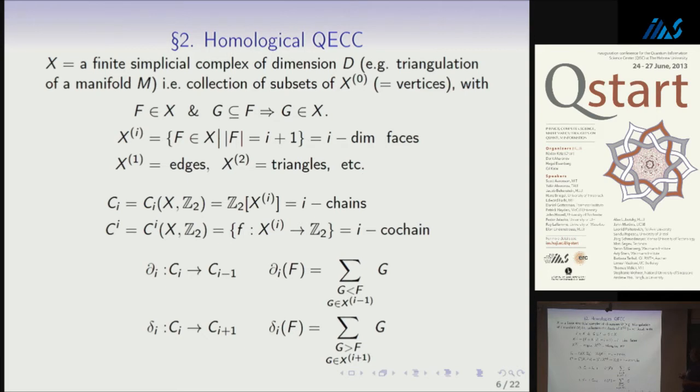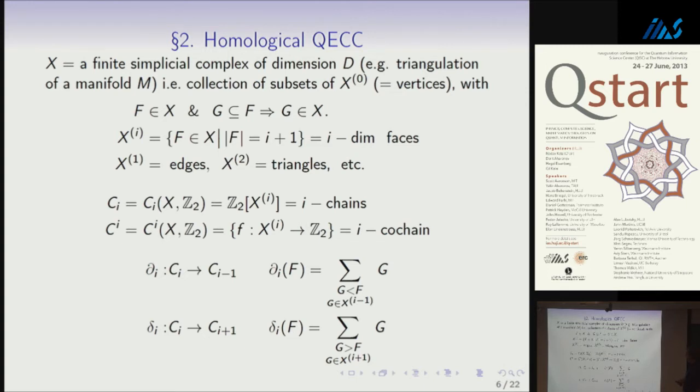The property is that if F is in the collection of subsets and G is a subset of F, then G is also in the collection. Namely, if a triangle is in, then all its edges are in. We can't have a triangle in while one of its edges is not in. That's just a formal thing.